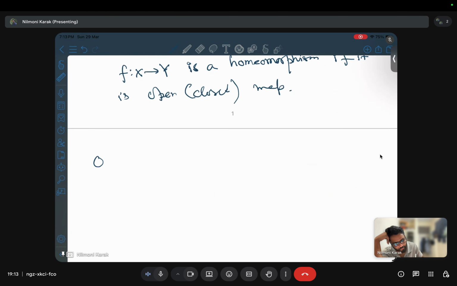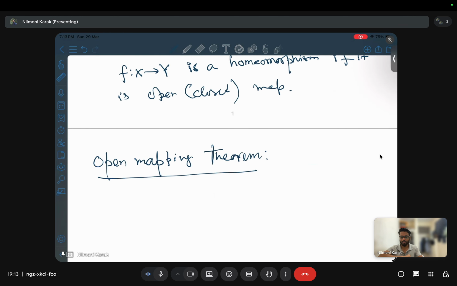Now come to the open mapping theorem. This is a healthy theorem, and many counterexamples arise from it. Let H be a Hilbert space.